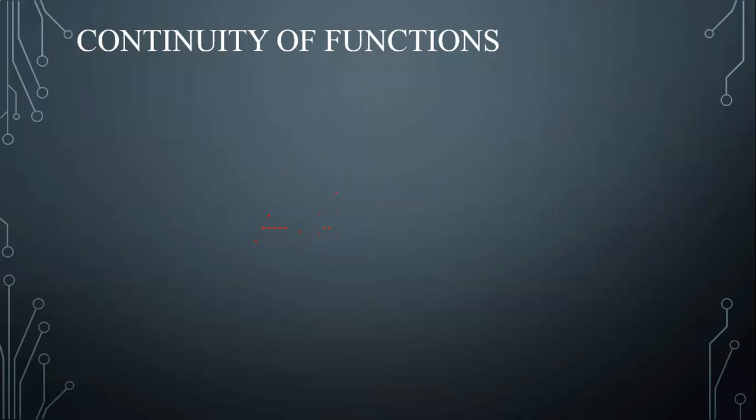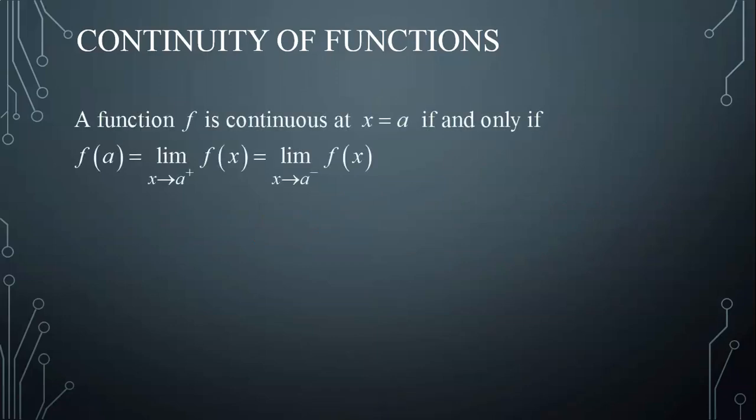So that leads to the mathematical definition of a continuous function at a point. A function f is continuous at x equals a if and only if f of a is equal to the limit of f of x when x is approaching a from the right and equal to the limit of f of x as x approaches a from the left.